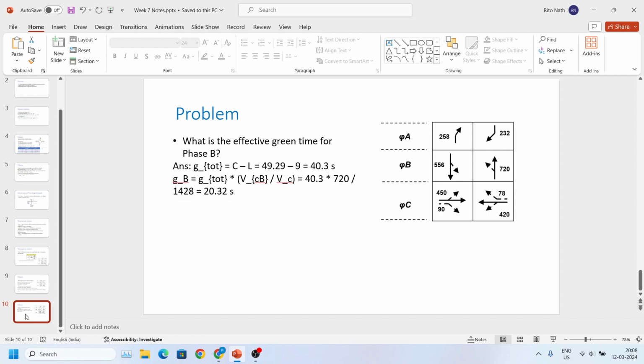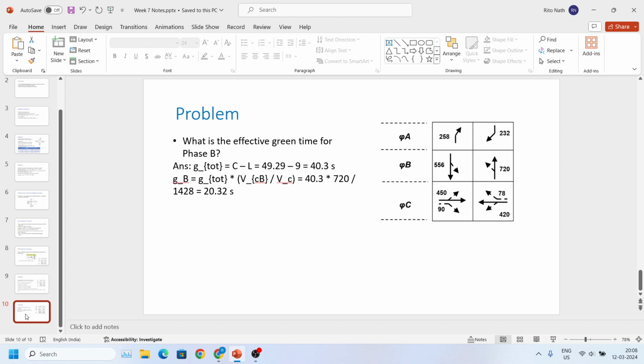Then there are calculations on capacity and V by C ratios, determining delay and the level of service. This discussion again appears in the operational analysis. So based on the V by C ratios as well as control delay, you have to check what your LOS is. And if V by C is greater than 1, then you know for sure that it should be F. Okay, so I think that was all about the planning level analysis.